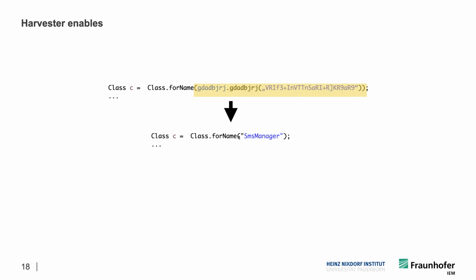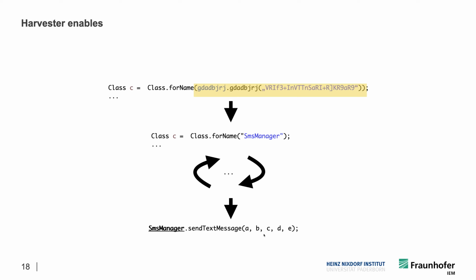And now we can incorporate this back into the static analysis. So the static analysis can now learn that the class SmsManager is being loaded here, and it can reiterate its static analysis, and it can also make this part of its slice if it needs to, right? So now we can request other values from the program, and we can reiterate this, so that in the end, for instance, we can then figure out the values of such a call to sendTextMessage, right?